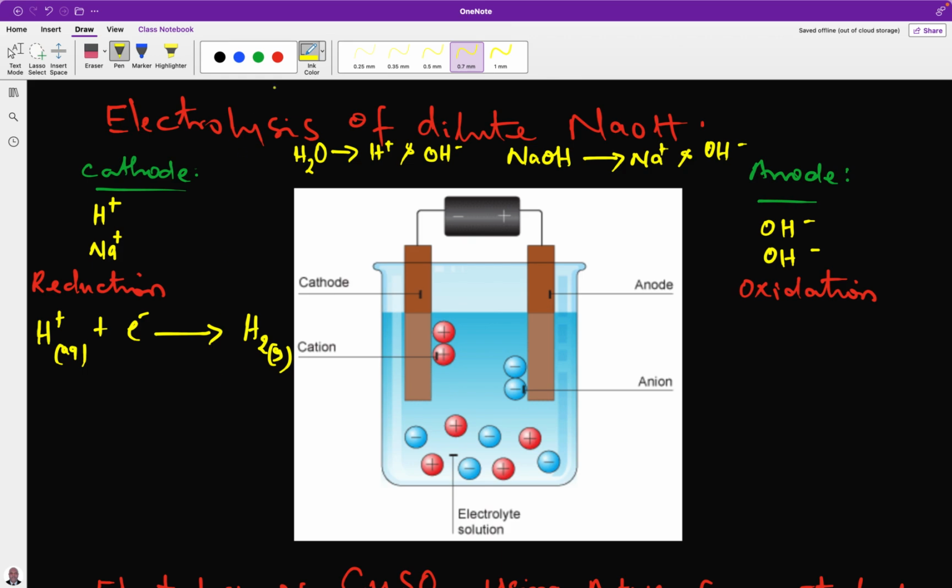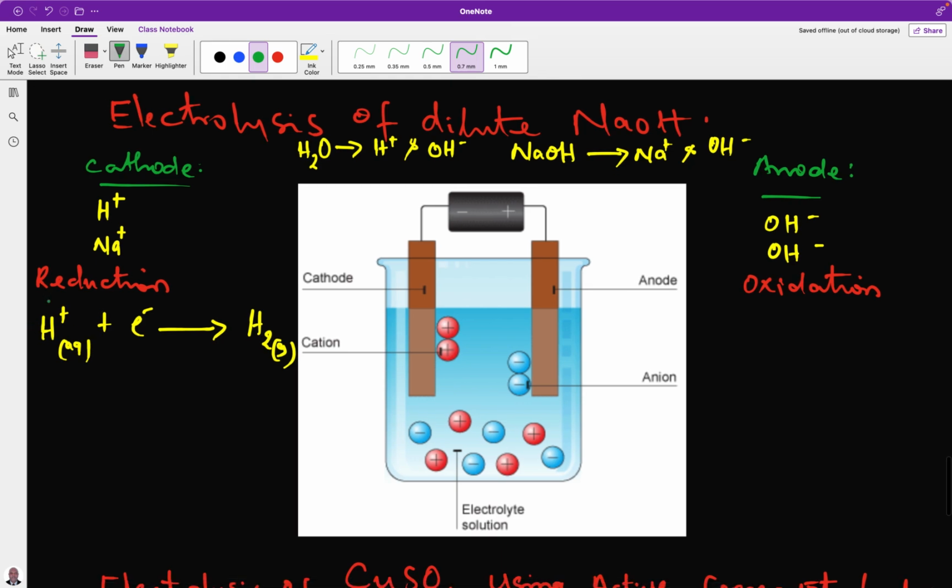And we need to balance the electron. How do we balance it? Balance the hydrogen by putting a 2 here. There are 2 positive charges here, 2 times positive is 2 plus. Then in order to neutralize this, we need to put another 2 here.